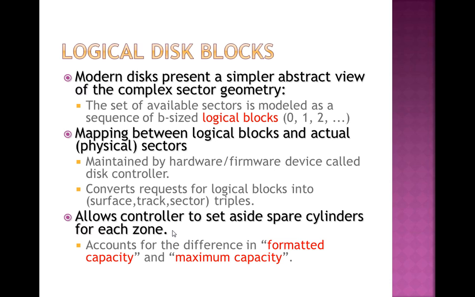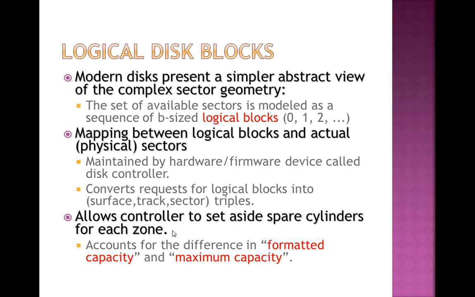Then logical disk blocks, what are the logical disk blocks? This says modern disks present a simple abstract view of the complex sector geometry, that is the set of available sectors is modeled as a sequence of sector-sized logical blocks, that is 0, 1, 2.